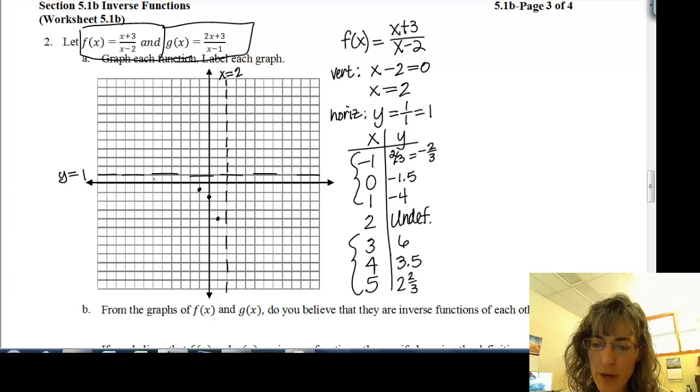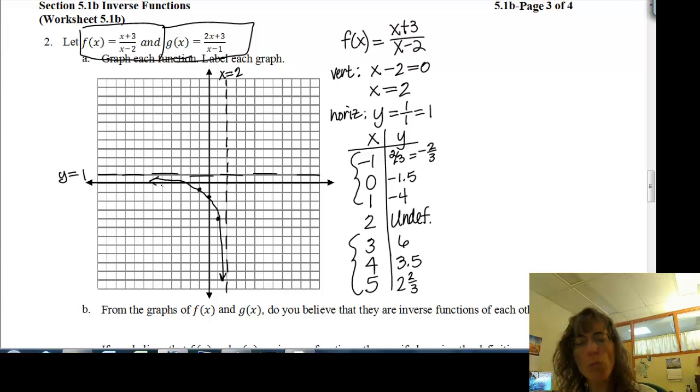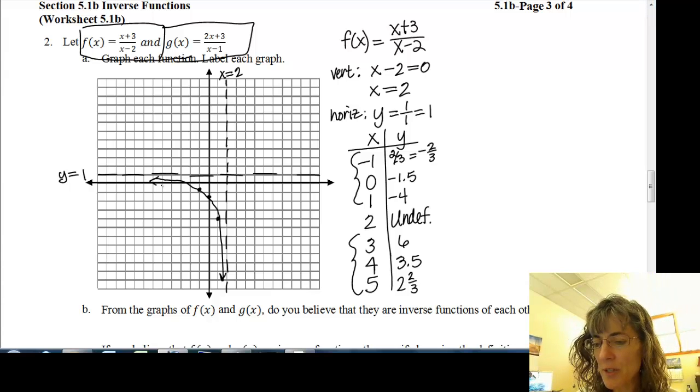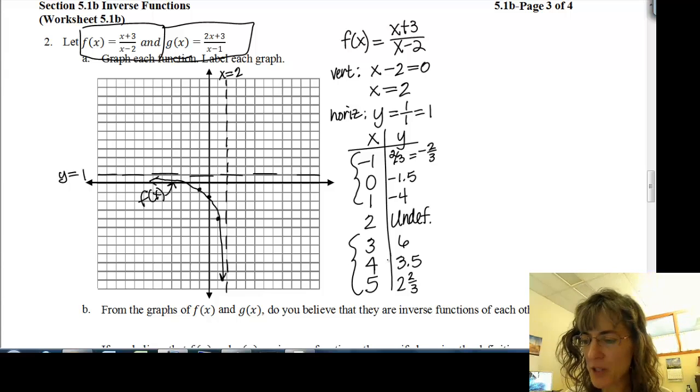I've got the part right there, but I know it's approaching my asymptotes as it gets further and further out, and closer in towards my vertical asymptote. So it should look something like that. I should probably label that f of x, and I might need to move it.